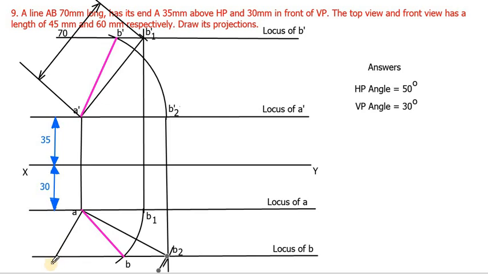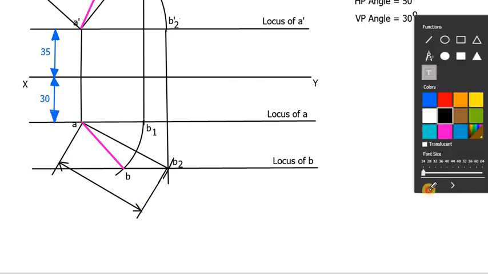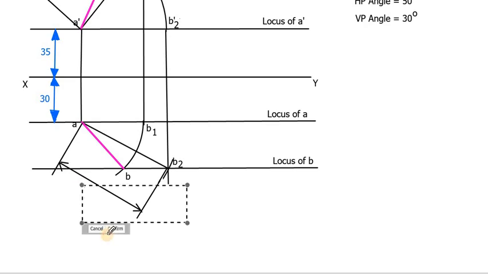Similarly, the extension line should be perpendicular to A and B2. So this can be measured as 70. This also draw in closed arrowhead. So this is 70.